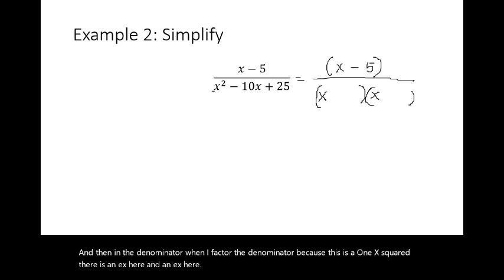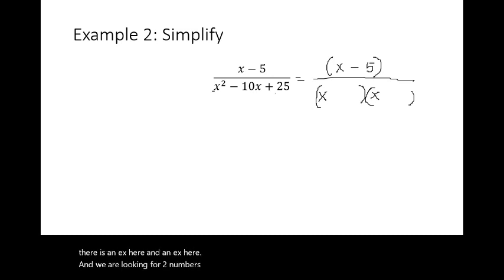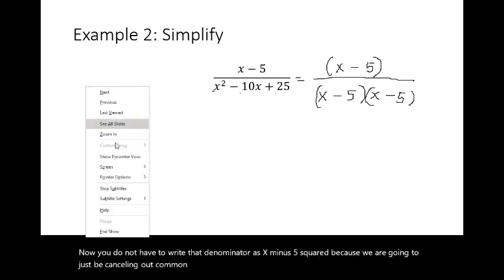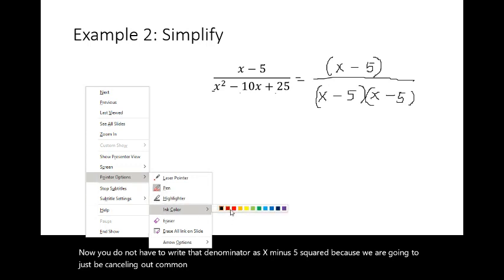And we are looking for two numbers that multiply to 25 and add up to negative 10, which is minus 5, and another minus 5. Now you do not have to write that denominator as x minus 5 squared because we are going to just be canceling out common factors, so you can just leave it like this.